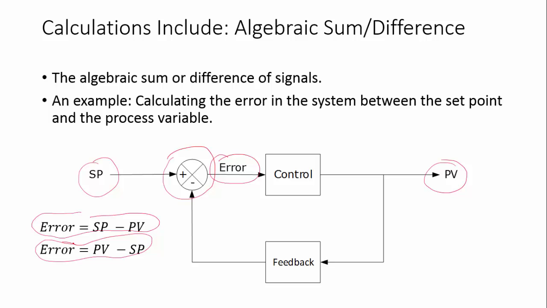For the most part, you use process variable minus the set point, this bottom one, if you're in a cooling application, and set point minus the process variable if you're in a heating application. And we'll talk a little more about that in the future.